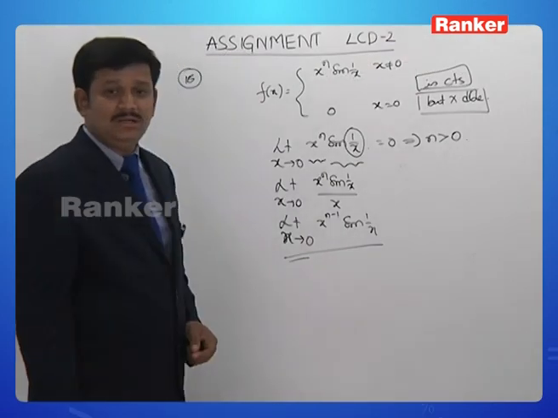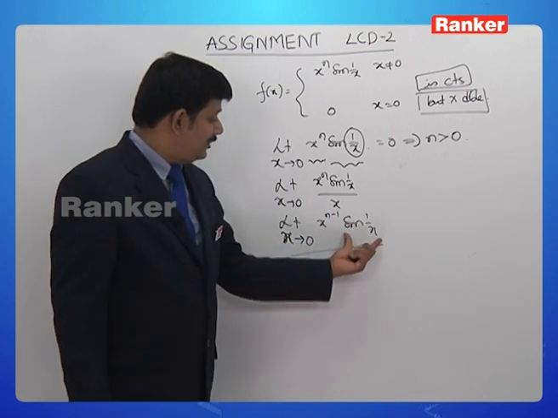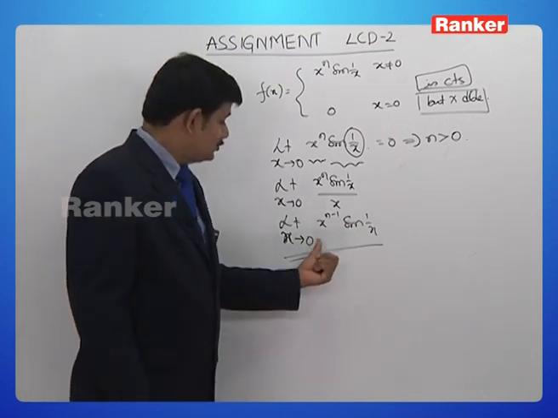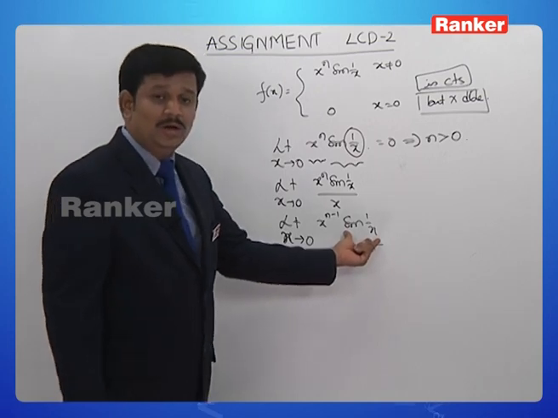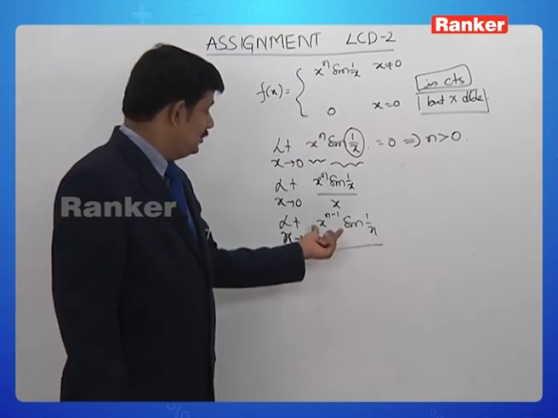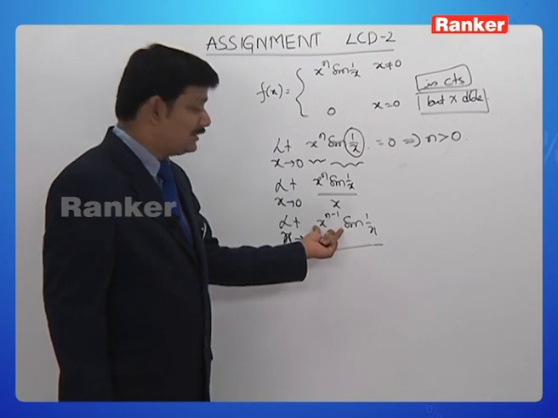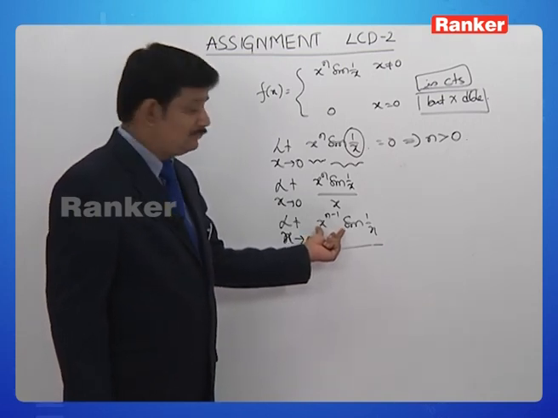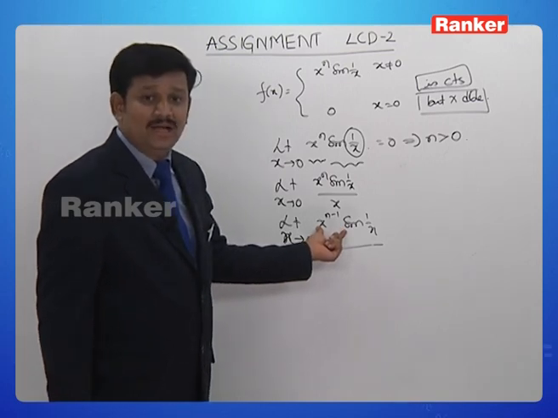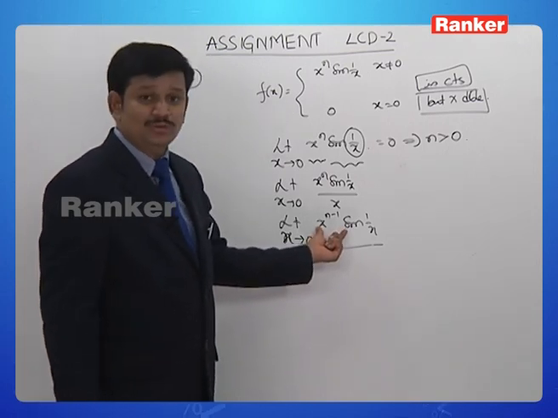This limit should not exist. Now, sin 1 by x as x tends to 0, we know lies between minus 1 and 1, but we are not sure what it is going to be. So, for this limit not to exist, either this has to be 1 or this has to be infinitely large, but this can't be 0.